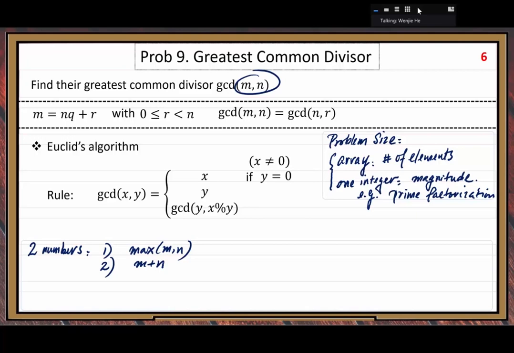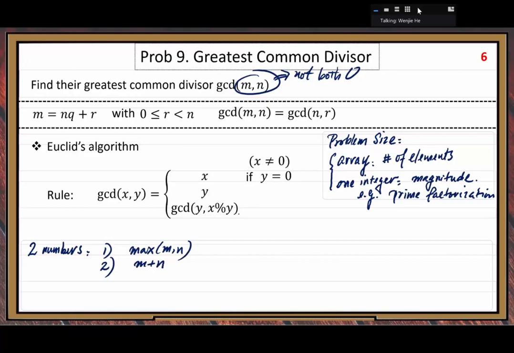In the given question, we require m and n not both 0. That's a condition. So we need to make sure x is not equal to 0.